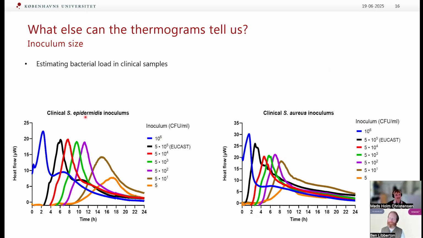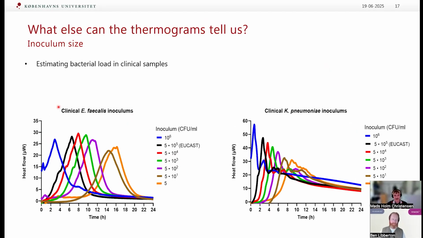So the idea with this is that if you can create some reference thermograms like these, I'm very confident that they could be used to predict the bacterial load, let's say in an unknown sample, if you know what species it is.